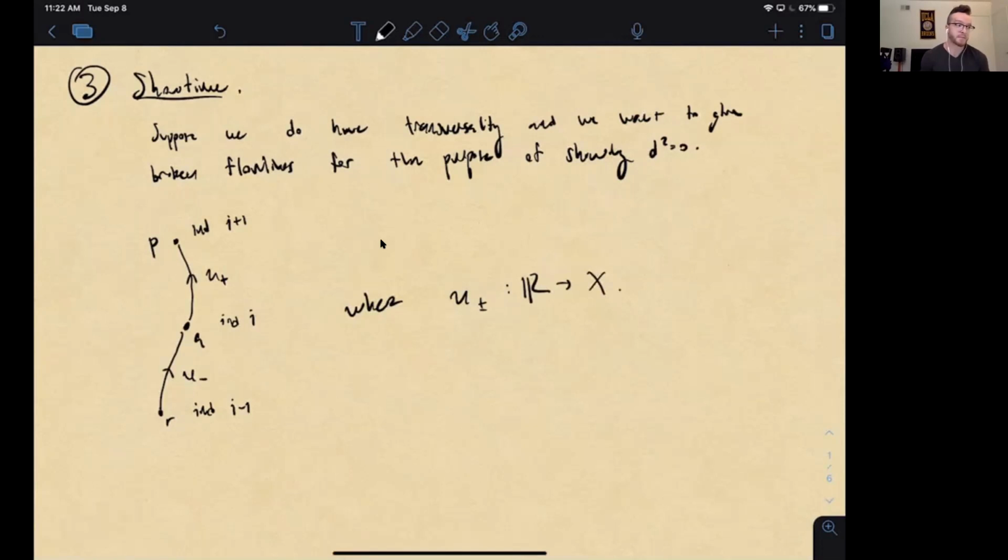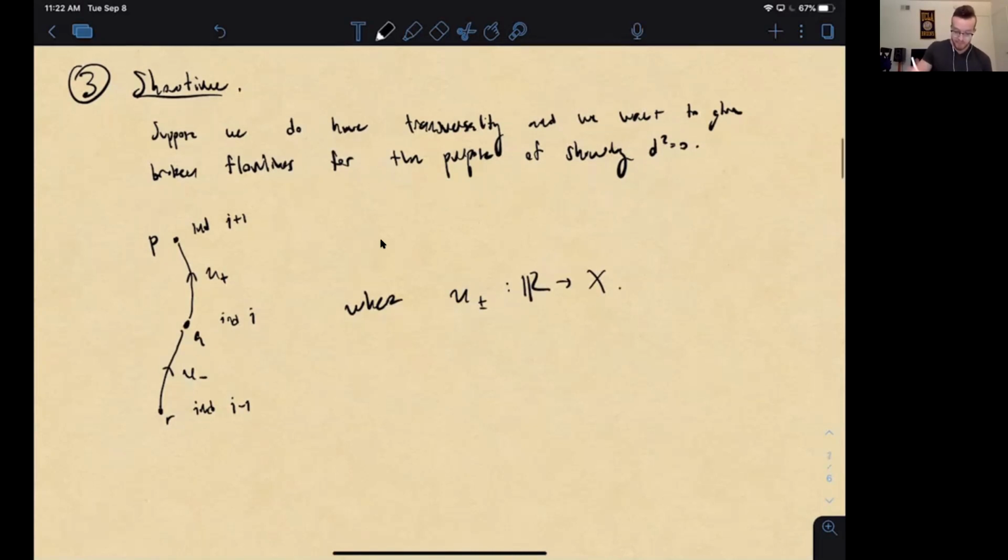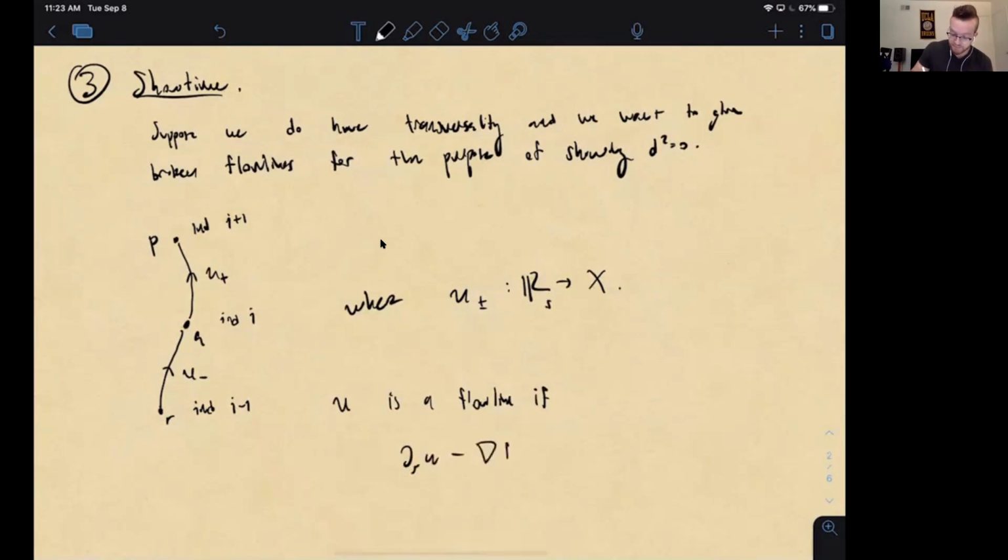Okay. So first of all, what does it actually mean to be a flow line? The flow line equation is going to be, so U is a flow line if, so here I'll use an S coordinate on the R factor, I want the S derivative of U minus the gradient of F of U to be 0.